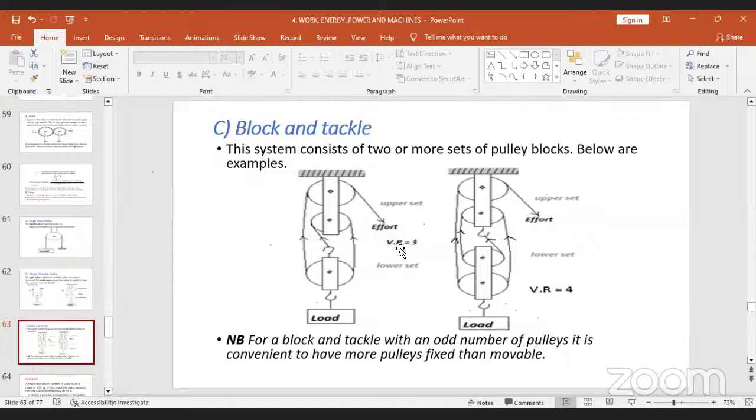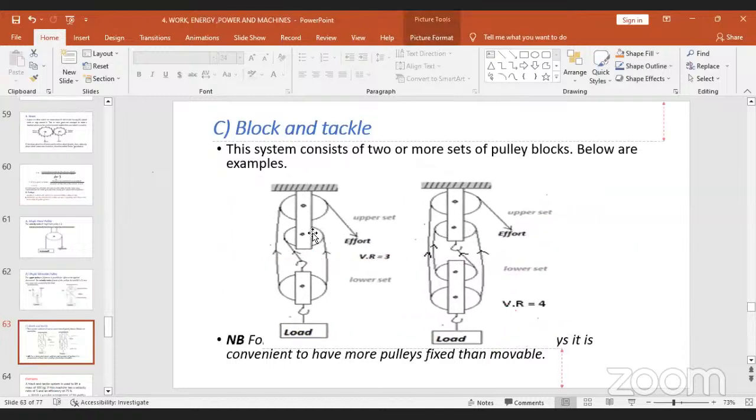For block and tackle with an odd number of pulleys, it is convenient to have more pulleys fixed than on the movable part. This is an example of a pulley of odd numbers.